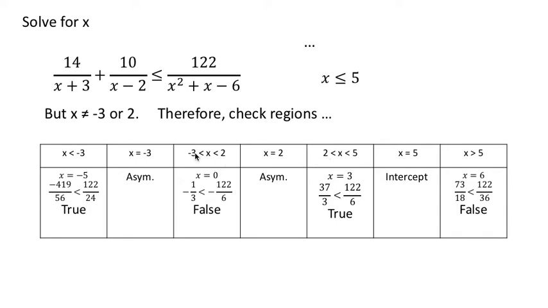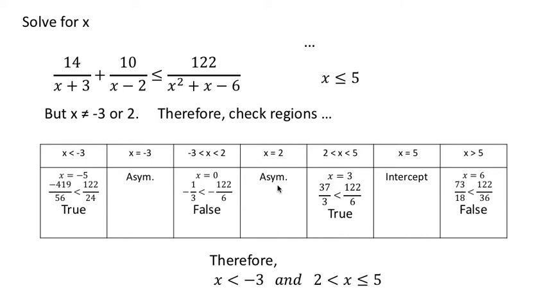Between 2 and negative 3, it's not true. And less than negative 3, it is true. So the actual answer is x is less than negative 3 and between 2 and 5. It can be equal to 5, but it can't be equal to 2, because 2 is an asymptote.